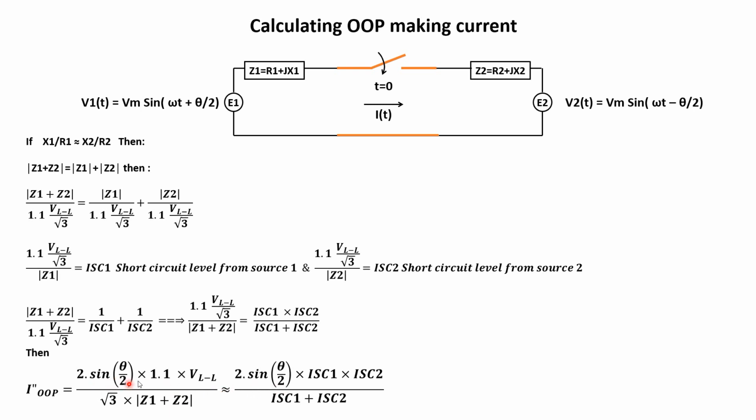So it is almost equal to 2 times sine theta divided by 2, multiplied by the multiplication of the two short circuit levels at the two sides, divided by the summation of the two short circuit levels. It gives us the current going through this circuit.